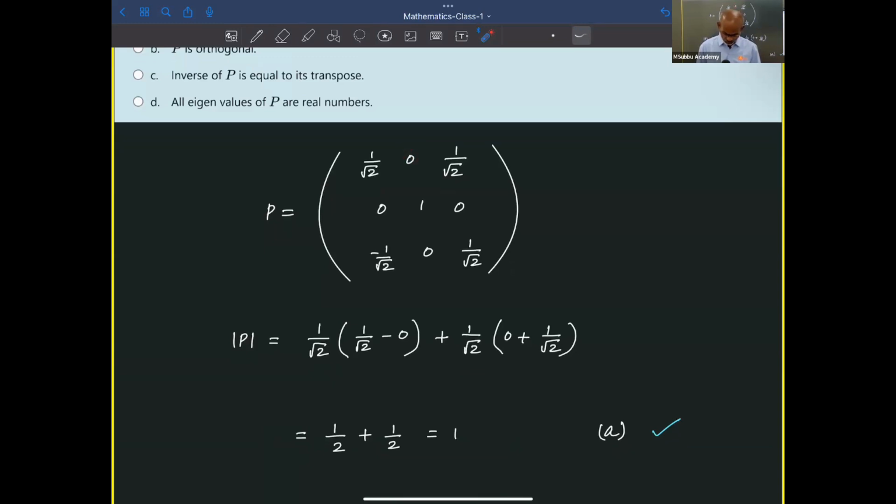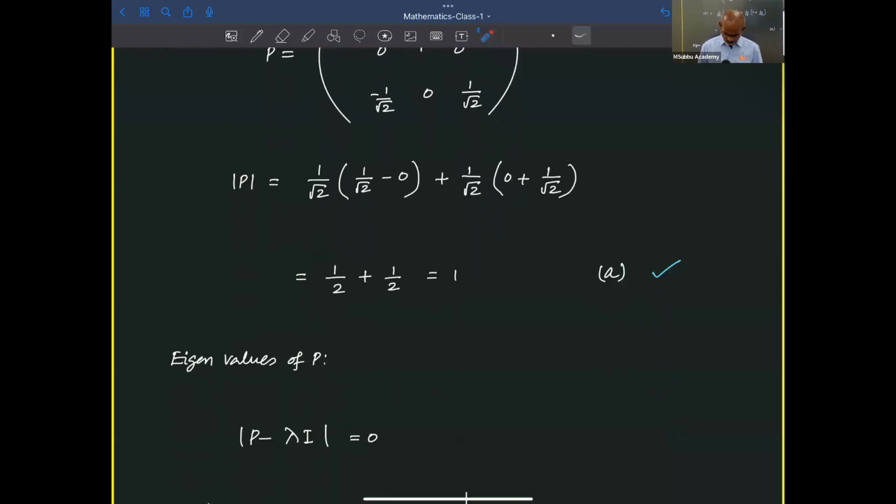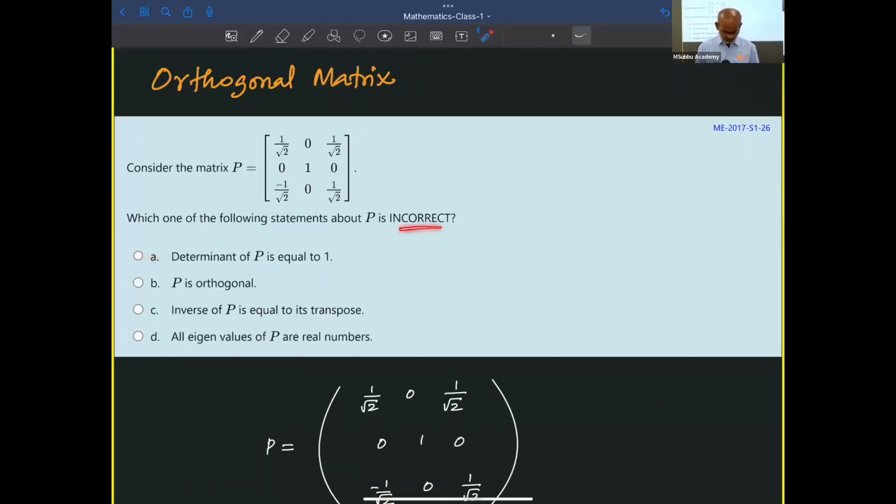So we can evaluate this multiplied by these contents, and minus this, and so on. By that way you can do this. So the determinant is coming as 1. So this is a correct statement, but we have to find the incorrect one. So that means that is not the answer.